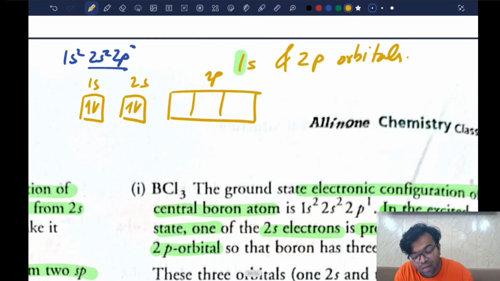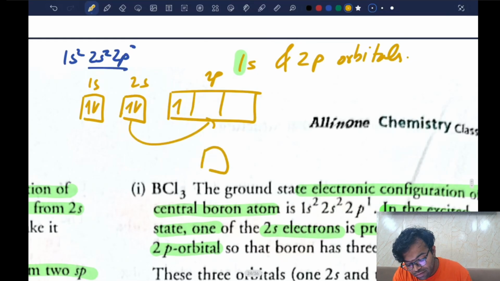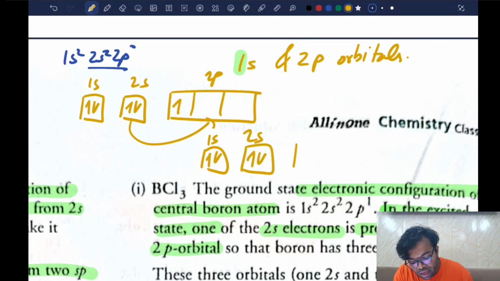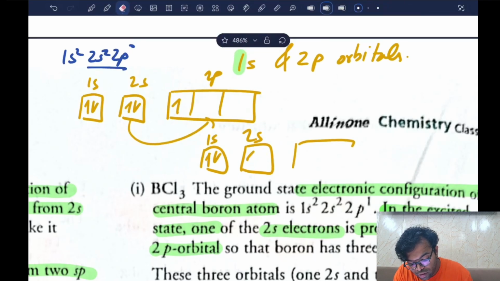But for boron, the 2p only has one electron. So what do you do? You promote one of the electrons from here to here. Thus, what happens? You have the 1s2, and then 2s1. I'm so sorry, it is not 2s2, it is 2s1.